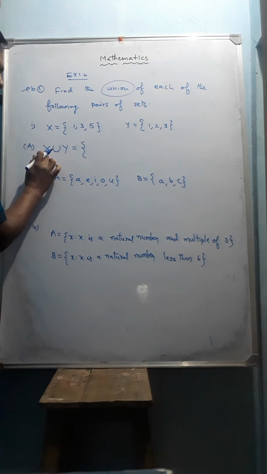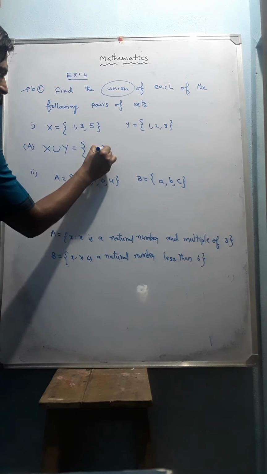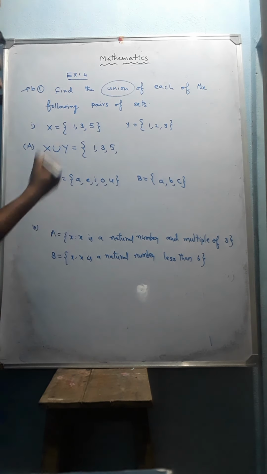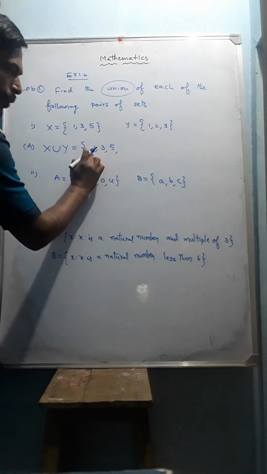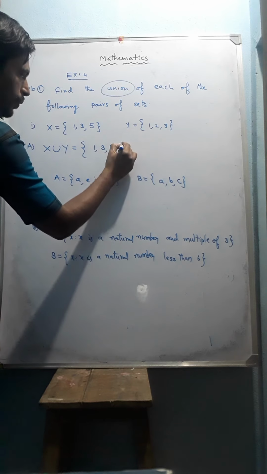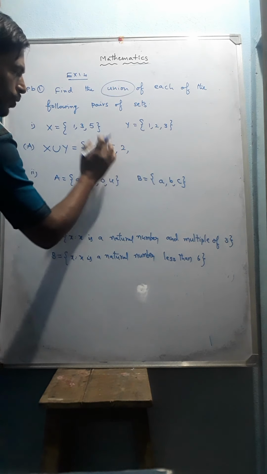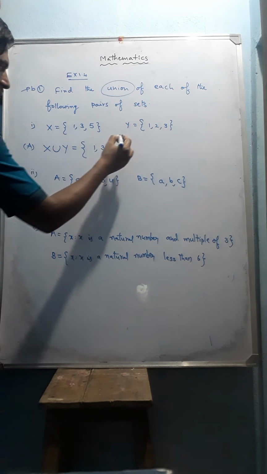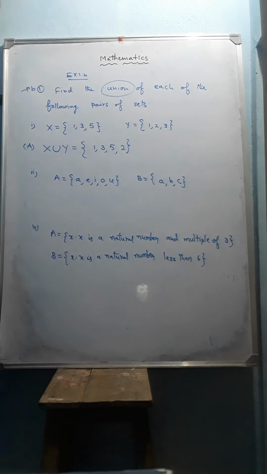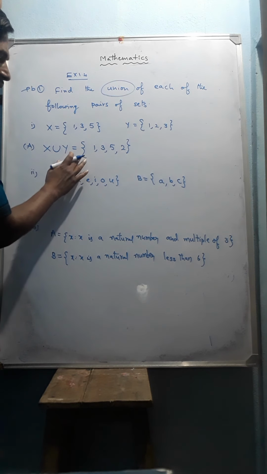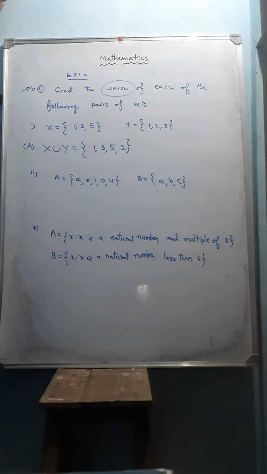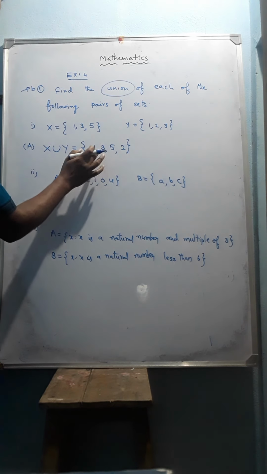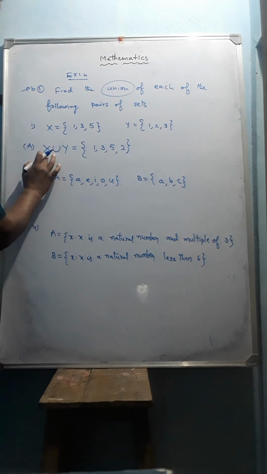The X set elements are 1, 3, 5. The Y set elements are 1, already we have written. Next 2, and 3 we have already written. So you just close it like this. So the answer is the set of 1, 3, 5, 2. This set is the union of the X and Y sets.